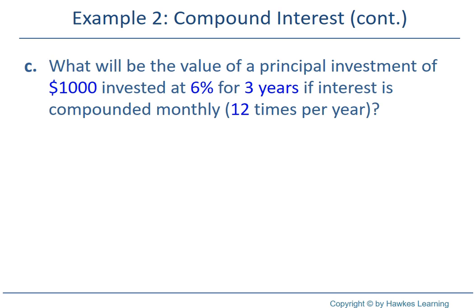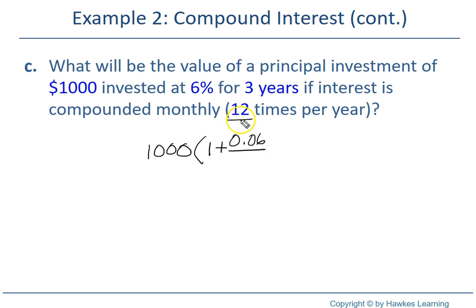All right, now we're going to do the very same thing, but this time our compounded period is going to be 12 times a year. So it'll be 1,000. We could write the formula again, but we know it. 1 plus 6%.